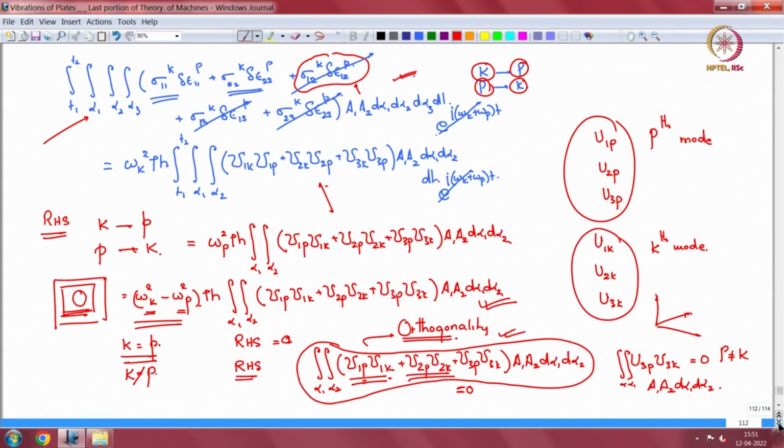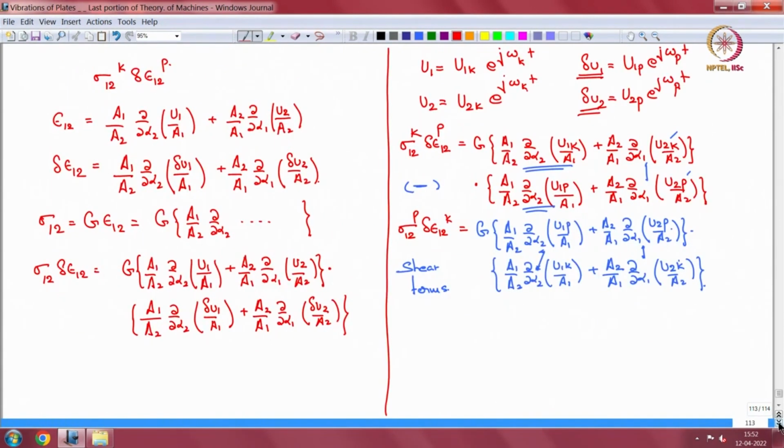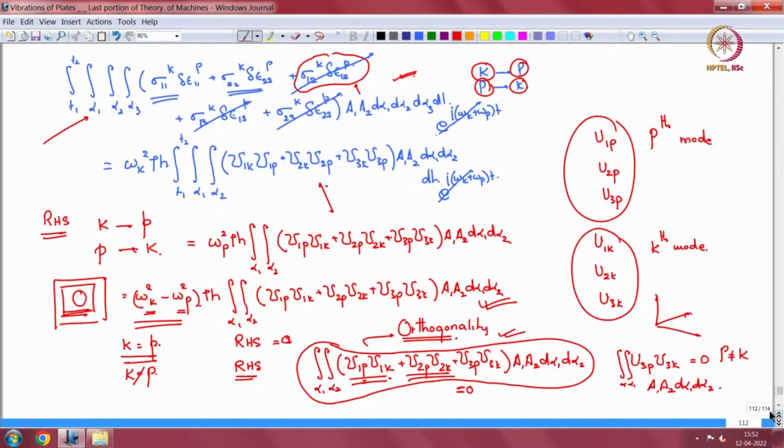So that is the most general orthogonality condition for a curved shell. We will use this later.